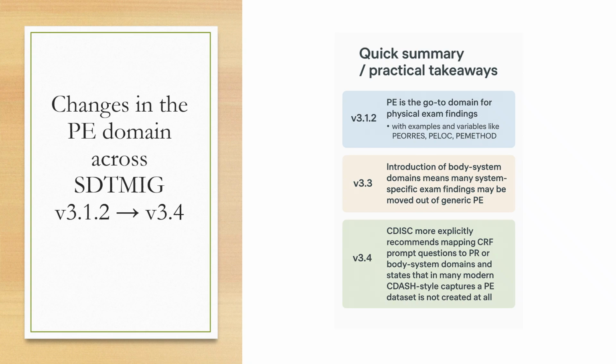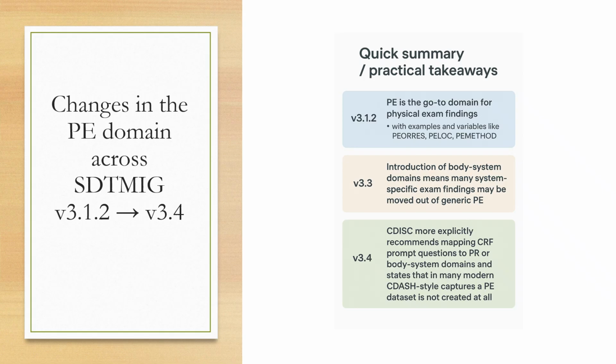That meant that some of the exams that earlier went to the PE domain could now be placed into these new, more specific domains. For example, an eye exam that earlier would go in your PE domain will now be mapped to your OE domain, which is the ophthalmological domain, instead of the PE domain.